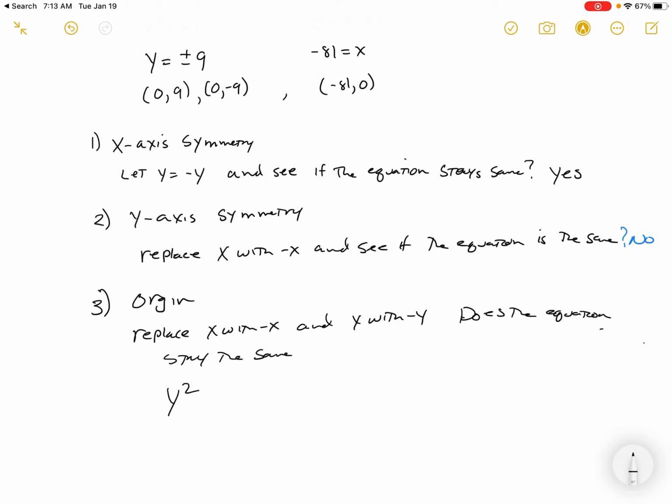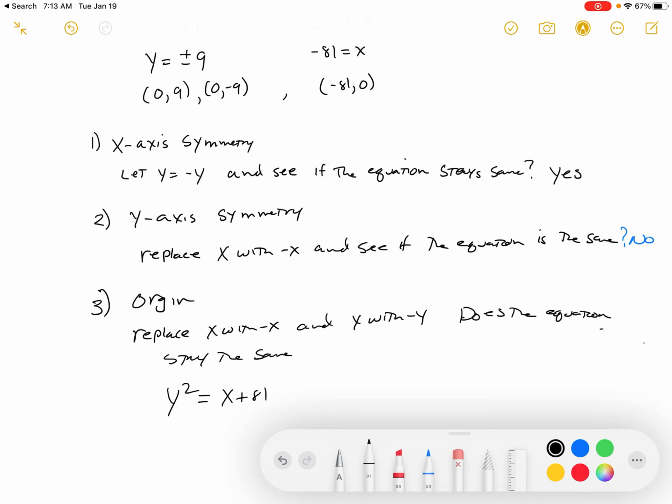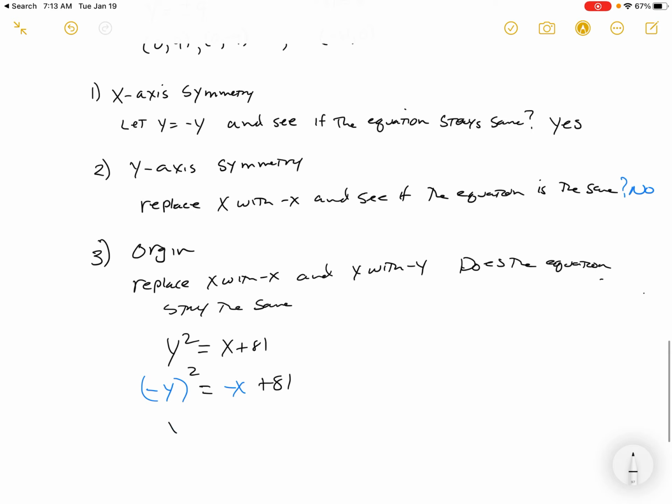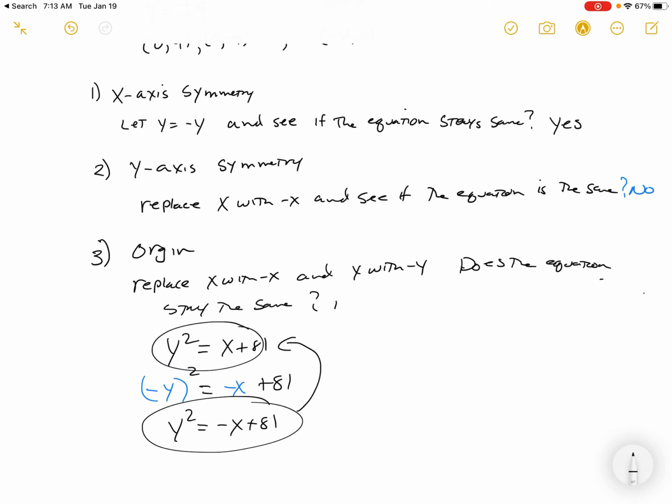Remember, we had y squared is equal to x plus 81. What we're going to do, and I'll highlight it in blue, is negative y and a negative x. Come back to black. Simplify it. So now we get y squared is equal to negative x plus 81. Those are not the same. There's nothing I can do to make those the same. And so the answer is no. It does not have origin symmetry.